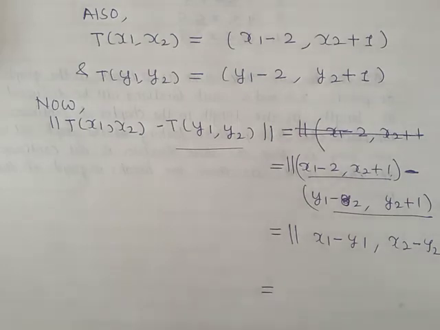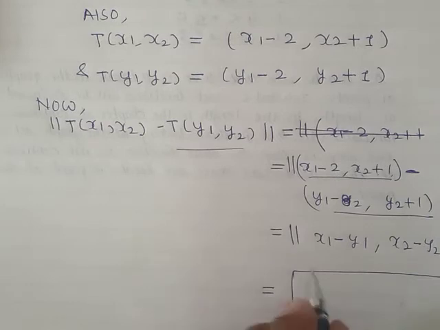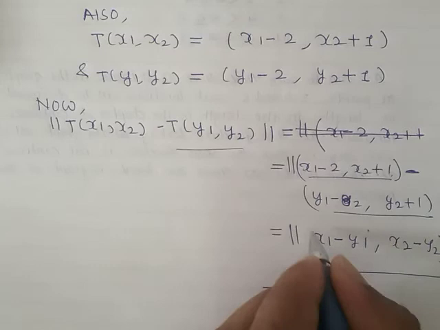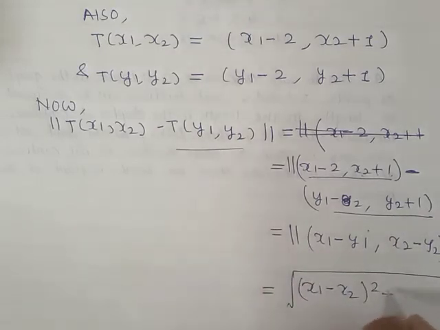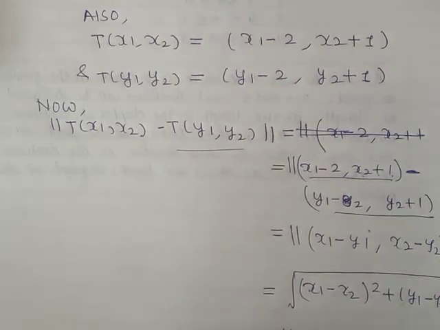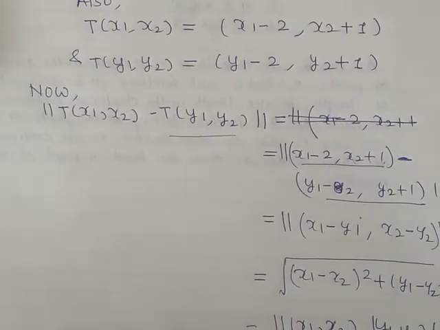So this is equal to square root of x1 minus y1 bracket square plus x2 minus y2 bracket square. This is nothing but norm of x minus y. So T preserves the norm by this mapping, hence T is an isometry.